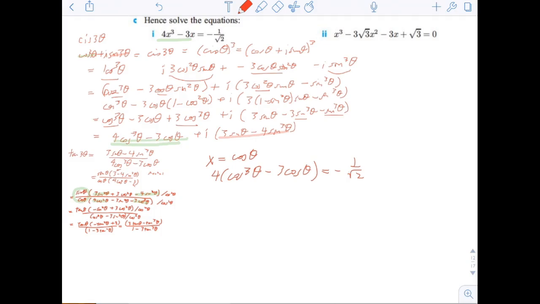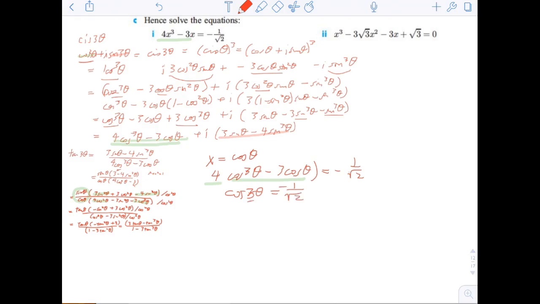And we also know that 4 cosine cubed theta minus 3 cosine theta is equal to cosine 3 theta, as we discovered. So basically we got cosine 3 theta equals negative 1 over square root of 2.